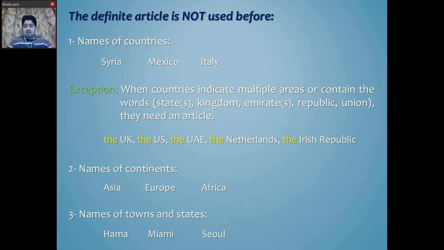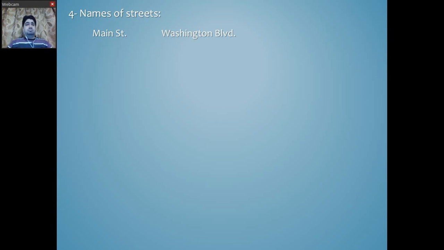So these are names of cities or states, like Miami, it's a state, so we don't use the here. With names of streets also, we don't use anything, so you just say they live on Main Street, and that's it. Or Washington Boulevard. Boulevard is like a large street or something.